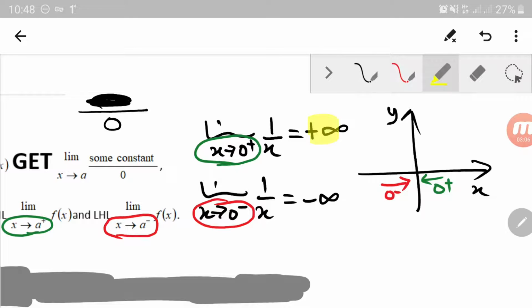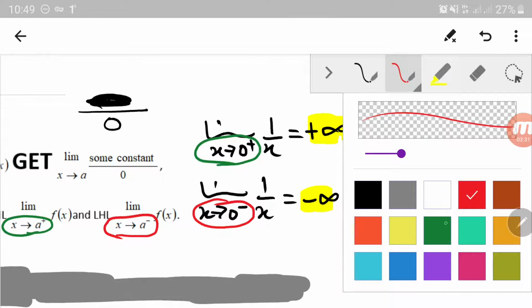So what does it mean by these two? It means that the shape of the function keeps going up like that if x is approaching from the right. But for this one, as x approaches 0 from the left, the function is going downwards like that.